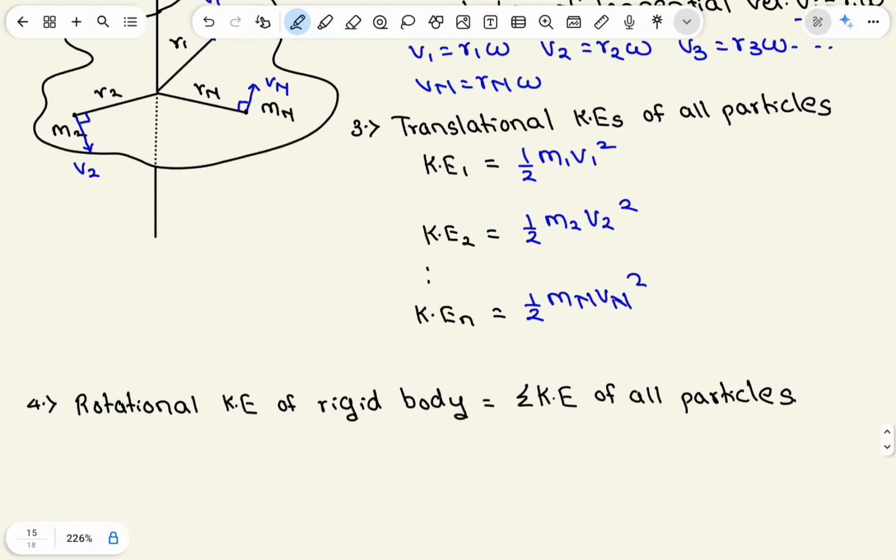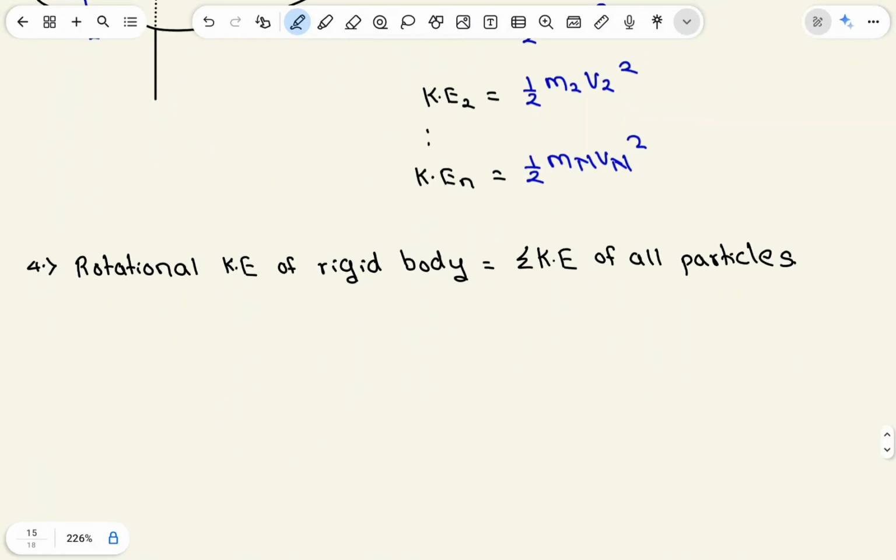Let's move further. What we say is that the kinetic energy of rotation is nothing but the summation of the translational kinetic energies of all the particles. So we have the kinetic energy of all the particles, which is half mv square. If we add all those kinetic energies, the energy that we get is nothing but the rotational kinetic energy of the rigid body.